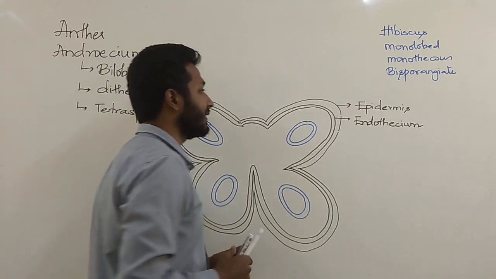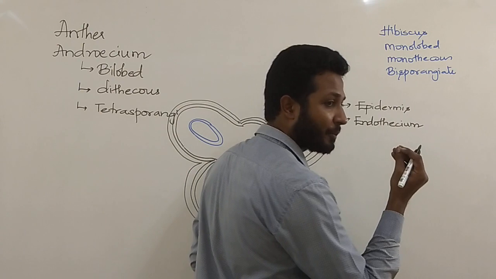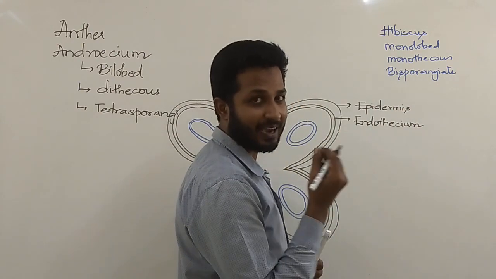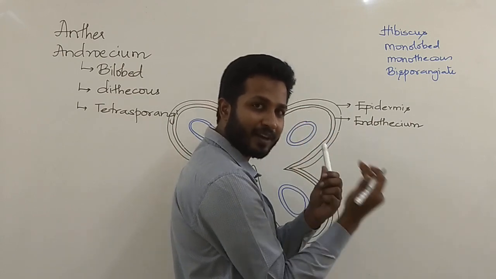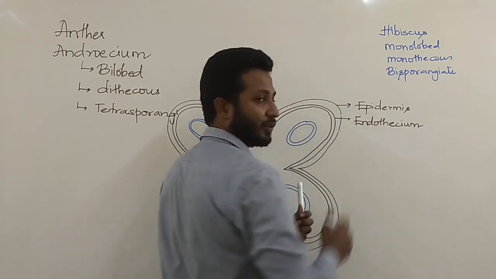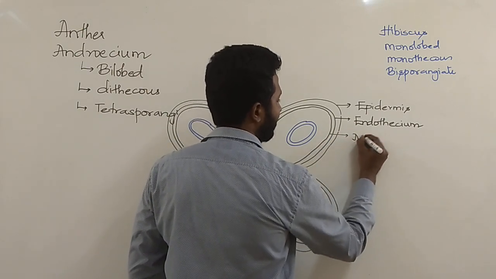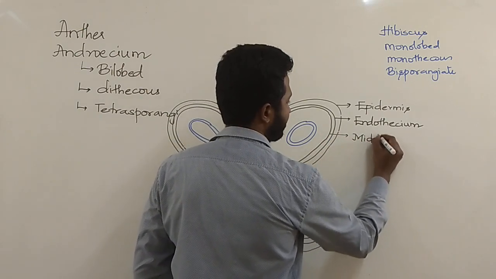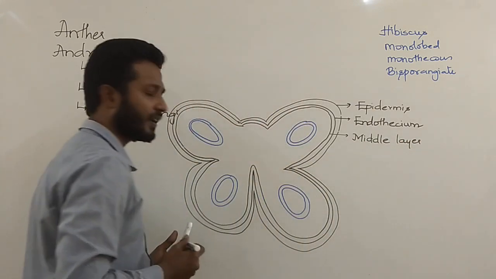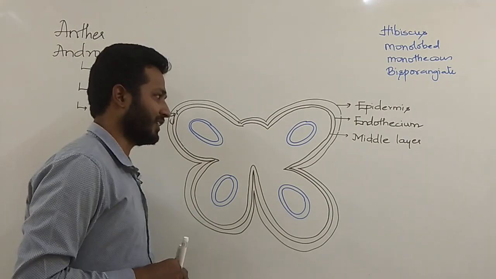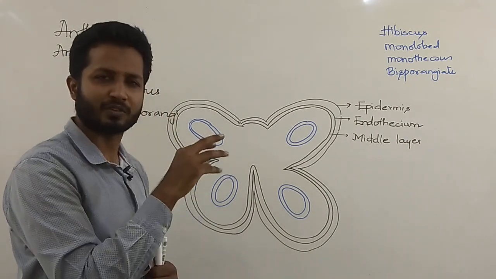This particular endothecium layer is the one which helps in dehiscence or breakdown of the anther, the removal of pollen grains from the part where it will cut. Now followed by this, we have the middle layer. The middle layer is present beneath the endothecium and is responsible for storage of food.